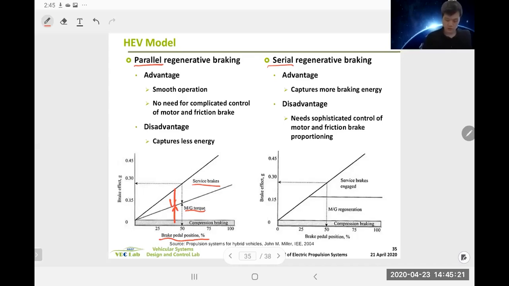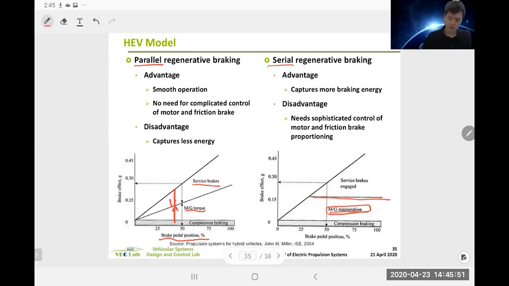Serial approach, the idea behind serial approach is that let's use motor regen as much as possible, okay, or up to a certain level. So up to this level, use motor regen to brake.